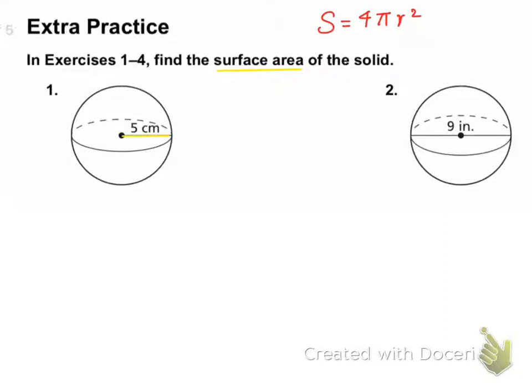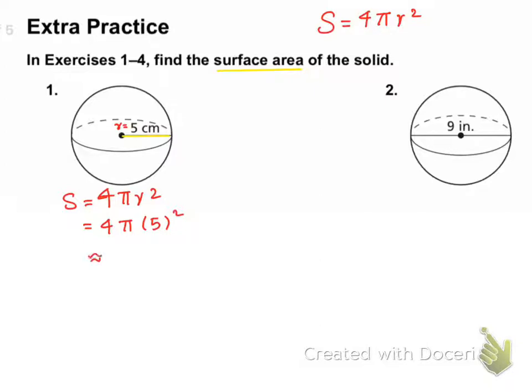We have been given r here. R is 5, so it's just simple substitution. S is 4 pi r squared, and let's plug it in. 4 pi, and r is what here? 5 squared. When you plug it in, you will get an answer in decimal, and you're supposed to round it.